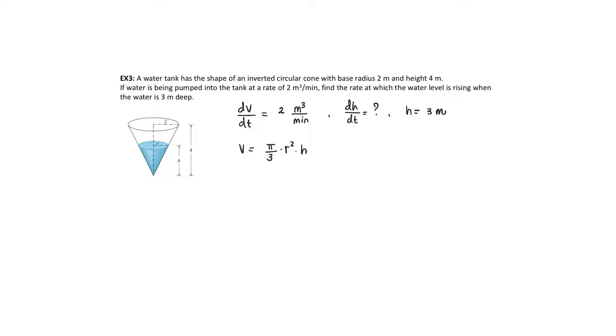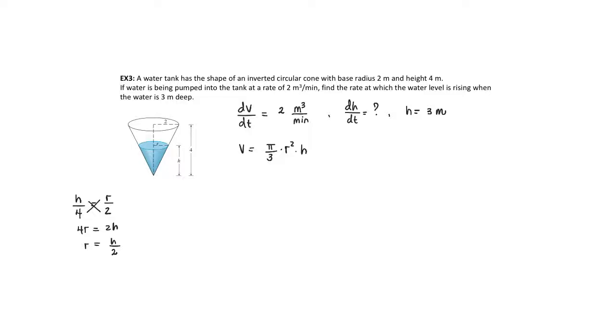Using similarity of triangles, I know nicely that h divided by 4 is equal to r divided by 2. If I cross multiply, I have that 4r is equal to 2h. In other words, r is going to be equal to h divided by 2.